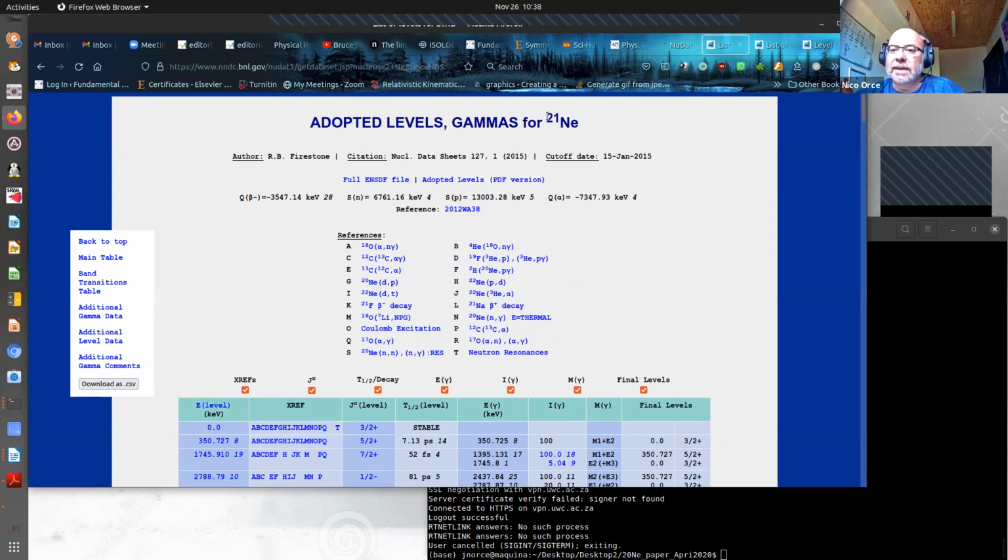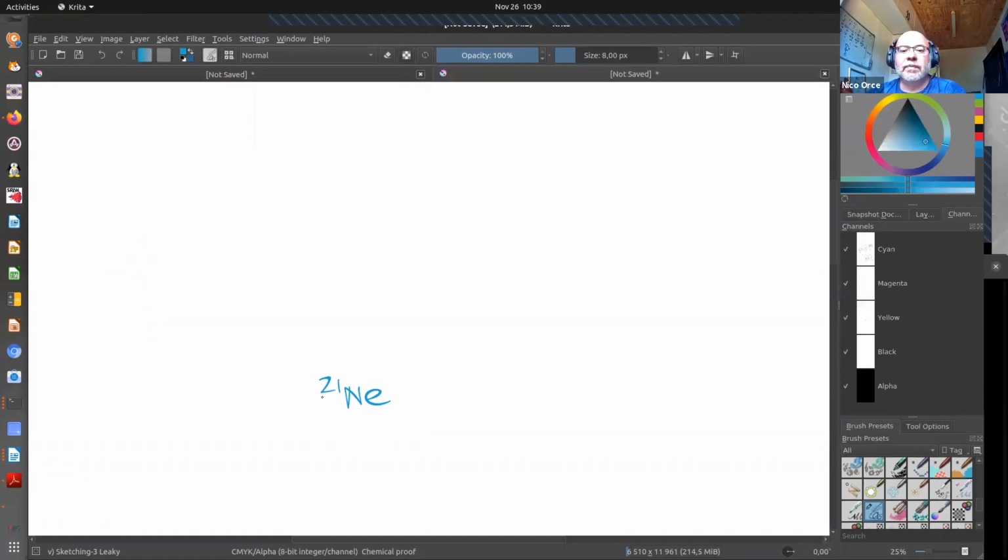Neon 21 is 10 protons and 11 neutrons. So the protons will be 1, 2, 3, 4, and then we have 6, 7, 8, 9, 10, right?